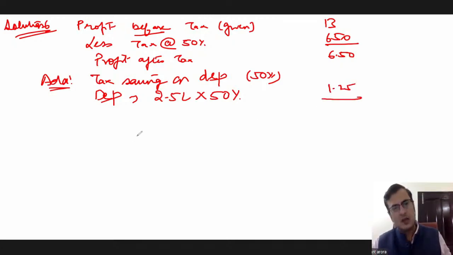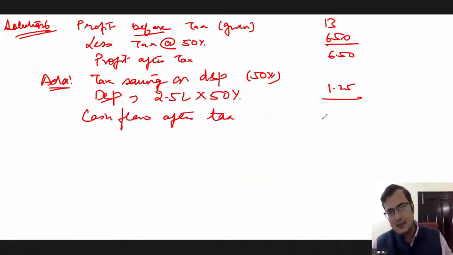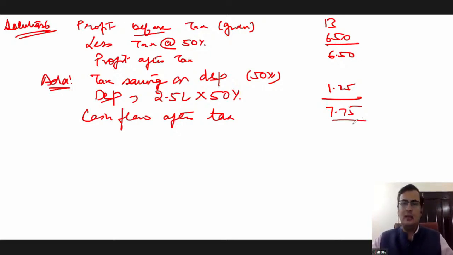Looks simple. So now this is your cash flow after tax, 7.75. Yes, guys, the cash flow after tax in Australian dollars has been calculated.